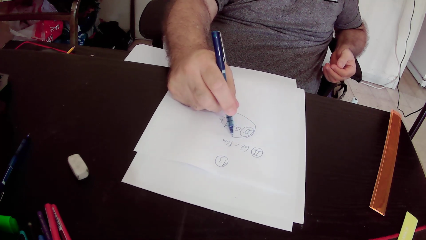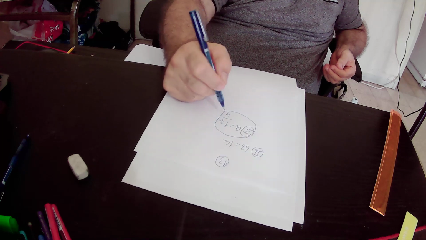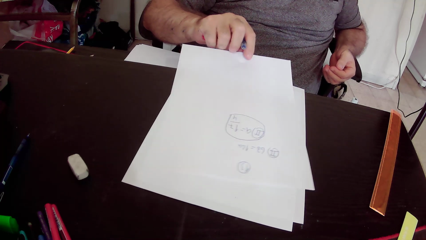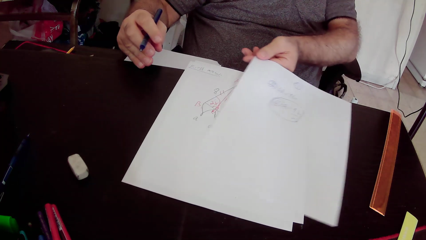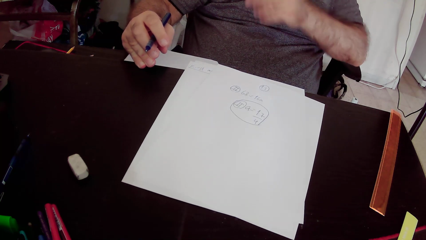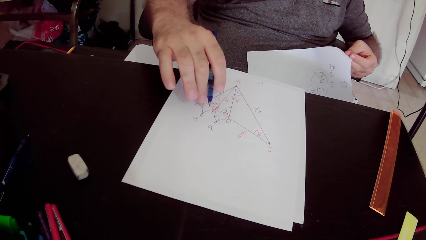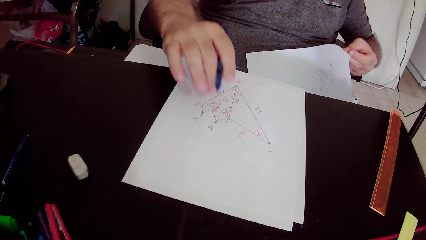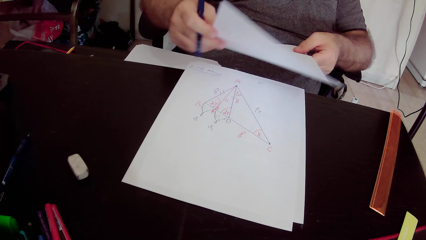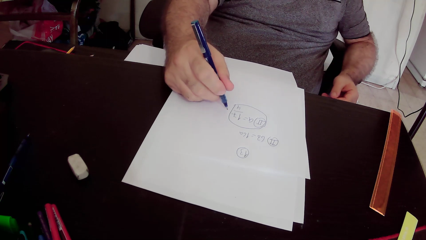Okay, I made the shortcut. So a equals 17 over 4 units. That is a, BE equals ED equals a.